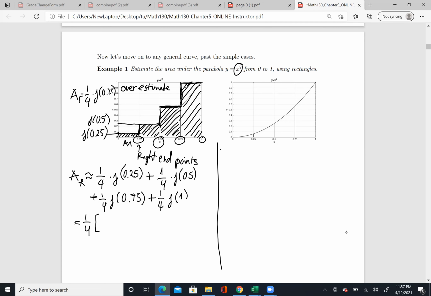Here, I want you to keep in mind that the distance between consecutive x values, xi and xi plus 1, will be delta x.